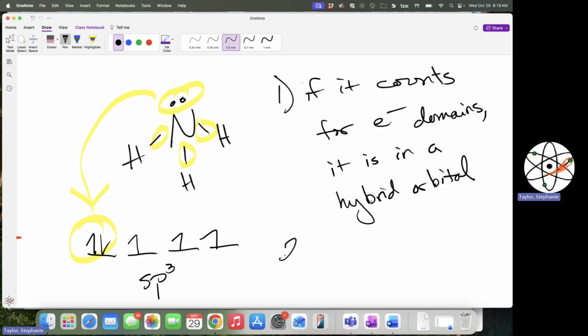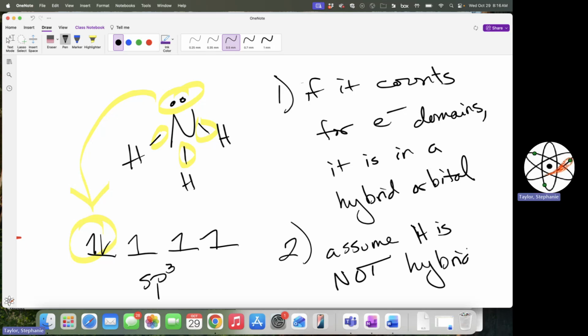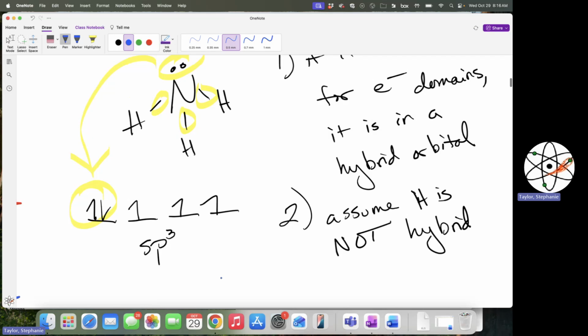That being said, I assume hydrogen is not hybrid. Hydrogen only has one electron to give. So that lovely little 1s electron from hydrogen, there's no reason to hybridize that orbital. It's just going to hang out in a sphere. And that's it.